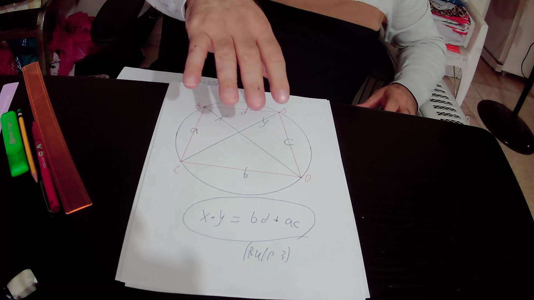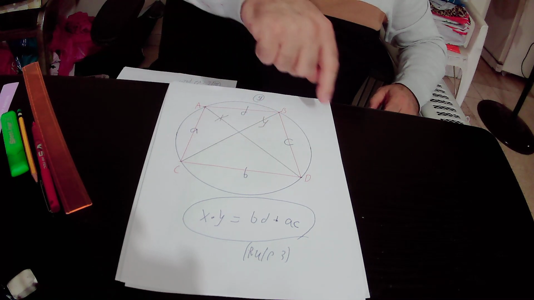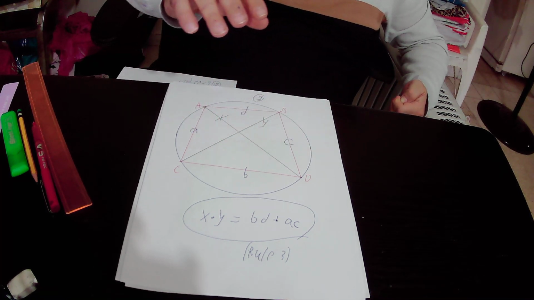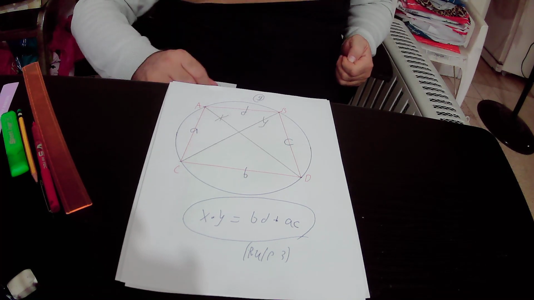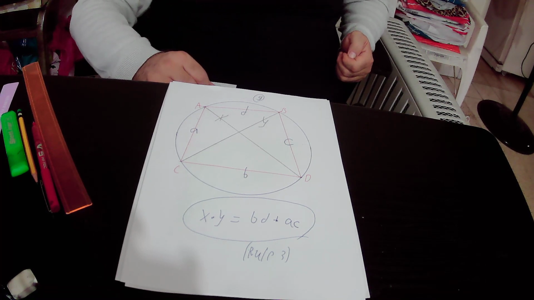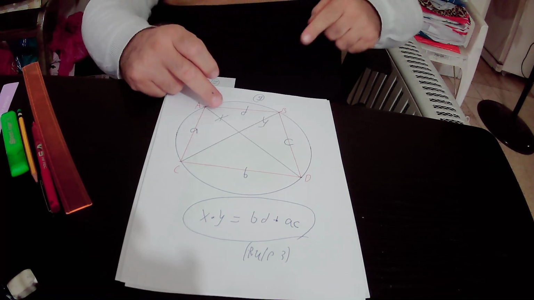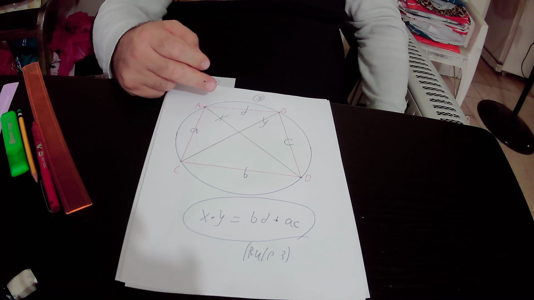So here we have quadrilateral ABCD inscribed by a circle, therefore we can implement rule number 3 in this drawing, and according to rule number 3, the product of quadrilateral ABCD's diagonals is x times y, and it equals the sum of the products of its opposite sides.